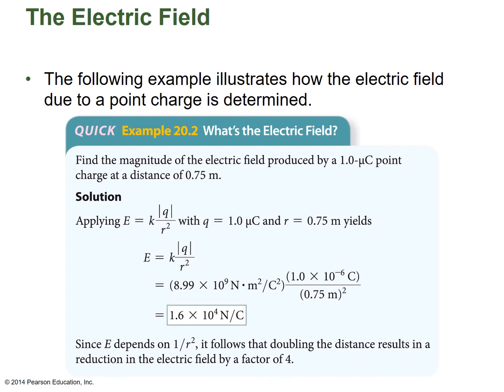If you plug in the numbers, you will get the magnitude of the electric field to be 1.6 times 10 to the 4 Newton per coulomb. As you see here, E is inversely proportional to the square of the distance between the charge and the point at which you calculate the electric field.